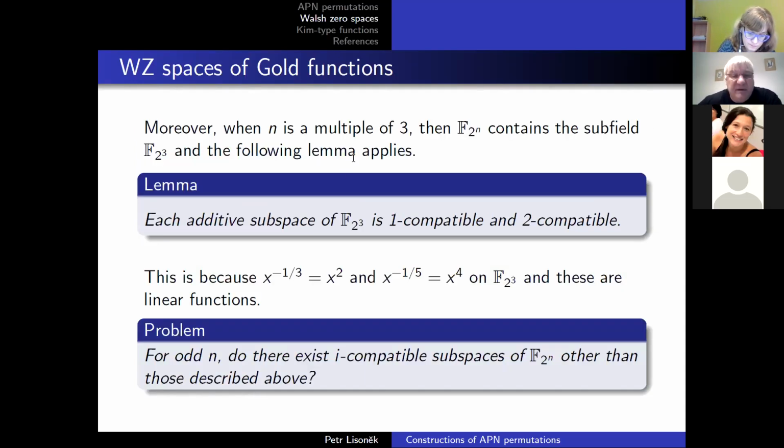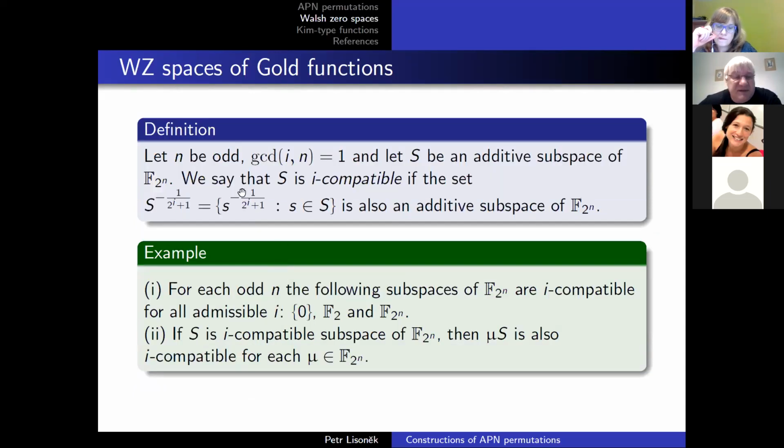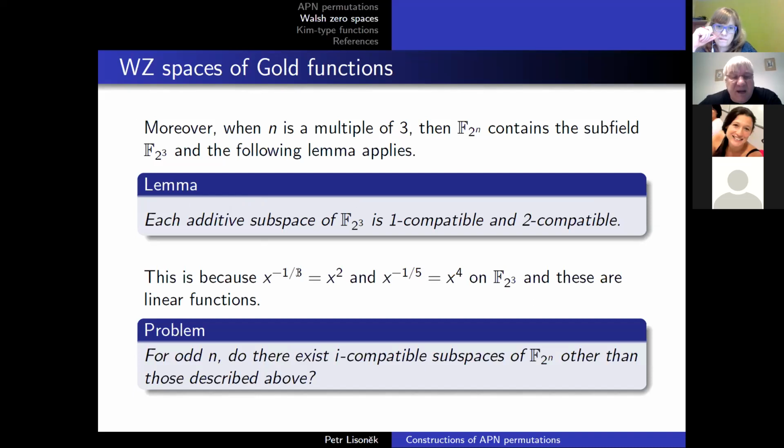There's a non-trivial example when 3 divides n, in which case the subfield F8 provides interesting examples, because in F8 each subspace is actually 1-compatible and also 2-compatible. If you figure out what those powers in the definition are, these powers minus 1 over 2 to the I plus 1, for I equal 1 it's minus 1/3, for I equal 2 it's minus 1/5, and those are actually x squared and x to the 4th on F8.